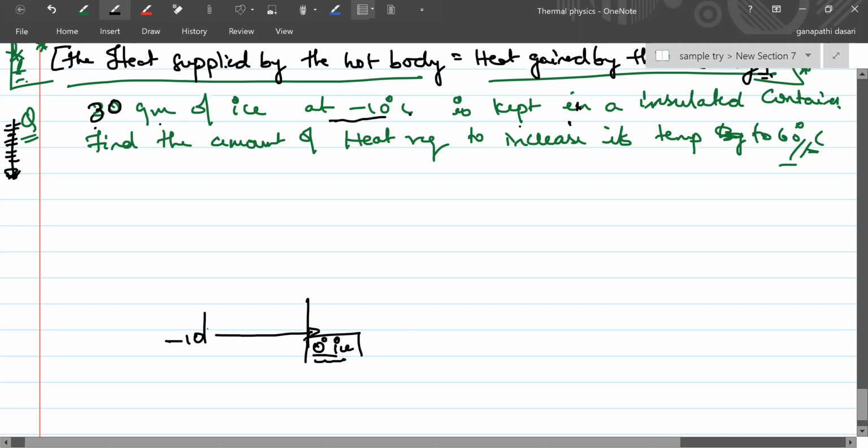When the entire ice reaches 0 degrees, then melting happens. That is the concept we need to have clarity on. Then the ice slowly gets converted into water, 0 degree water.